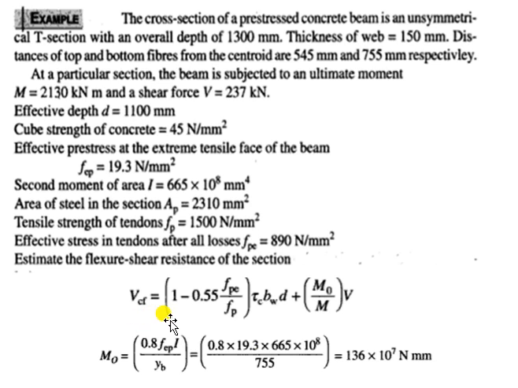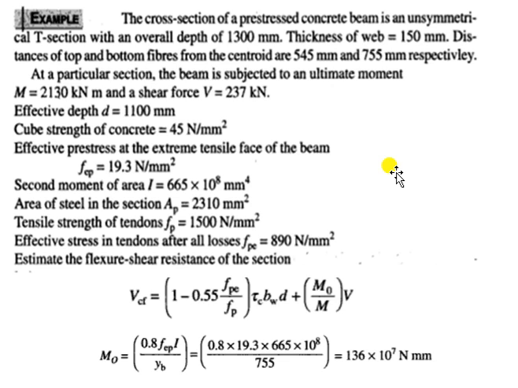VCF is equal to (1 minus 0.55 FPE by FP) tau C BWD plus M naught by M into V. All the data are given in the question. It is an unsymmetrical T section with an overall depth of 1300 millimeter, and the thickness of the web is 150 mm.